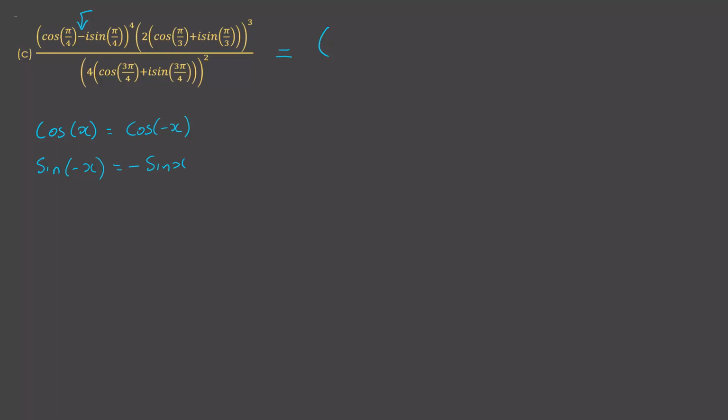So I can therefore write this as being the cosine of negative pi by 4, which would clearly be equal to the cosine of pi by 4, but plus i sine negative pi by 4. The fact that this is true has enabled me to change this into a plus in the middle.